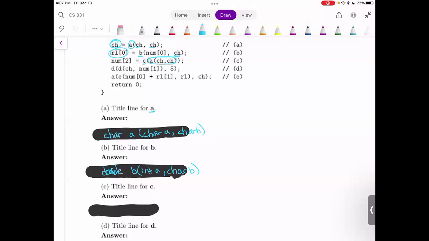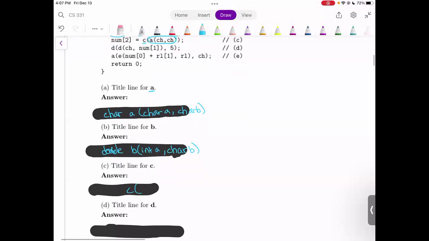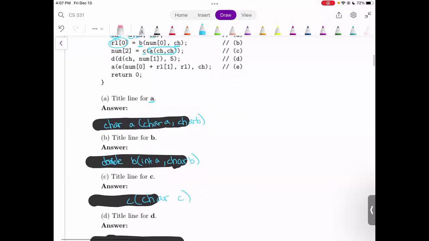And we know that A returns a character. So C only takes in a character. We actually probably shouldn't call it C, just because that's the name of the function. So then this one should not be A. So A will say C. And here instead of B, we'll say C. Okay. Now, this returns something that can be placed in num sub 2, which is an integer.